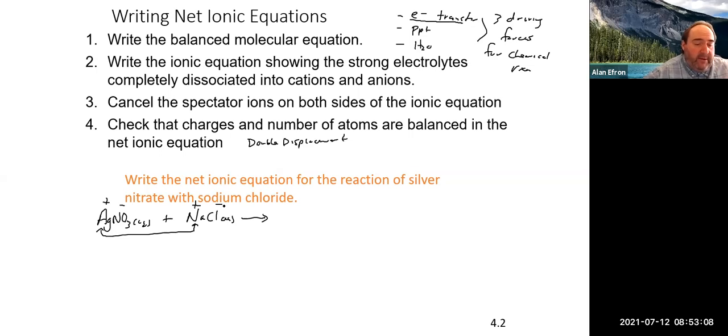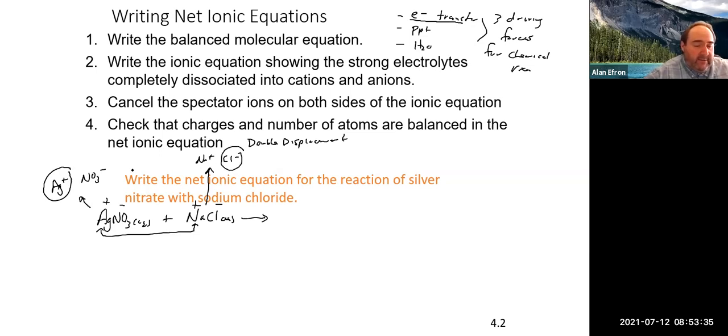Now, it's important when we go to the other side that, as we talked about, we think about these in their basic ions. The basic ions for silver nitrate are a silver ion and a nitrate ion. The basis for the other is a sodium ion and a chloride ion. So we're going to take this silver ion and put it together with a chloride ion.